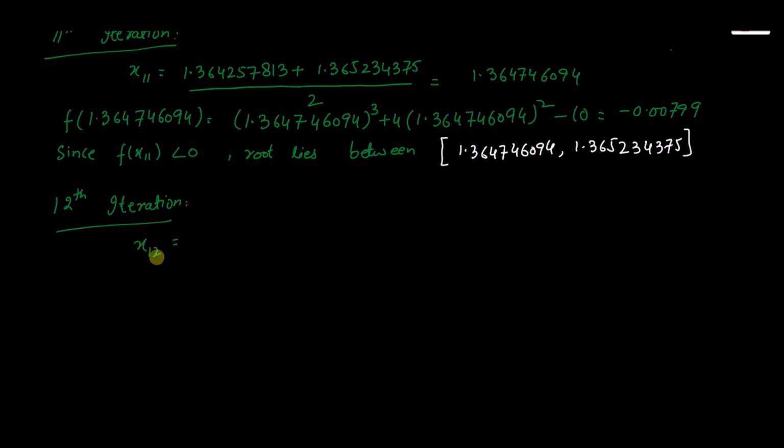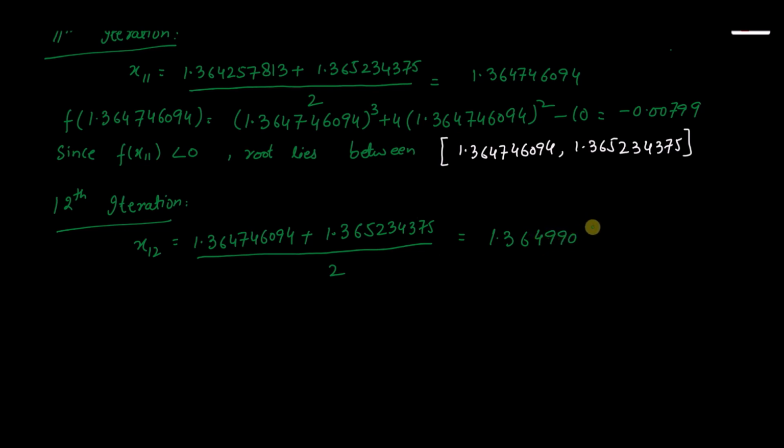So x12 is equal to 1.364746094 plus 1.365234375 divided by 2. After solving, we get the result 1.364990235. Now we substitute in the function.